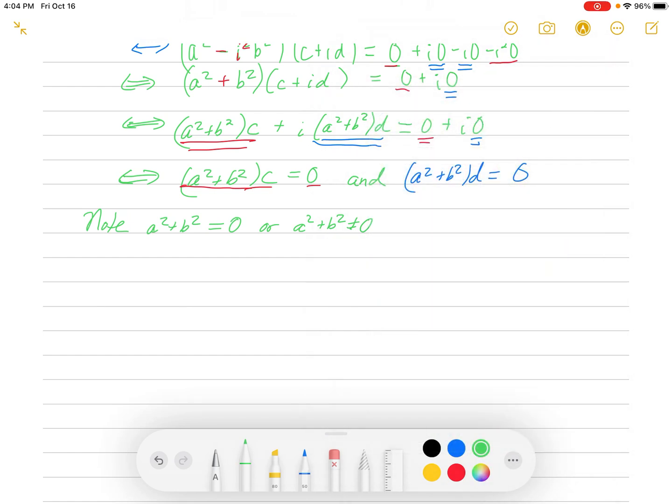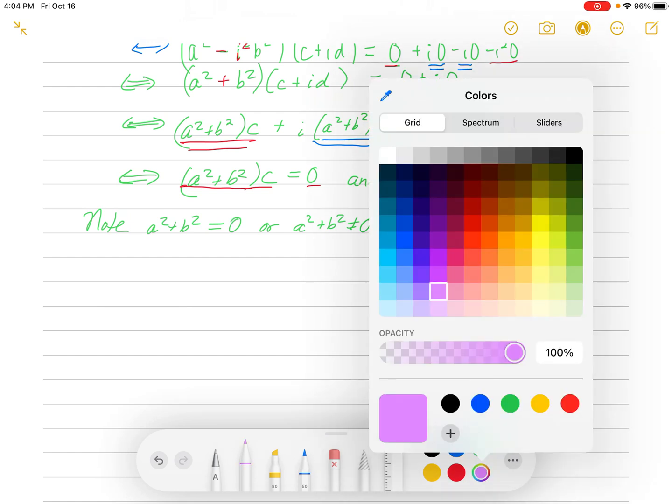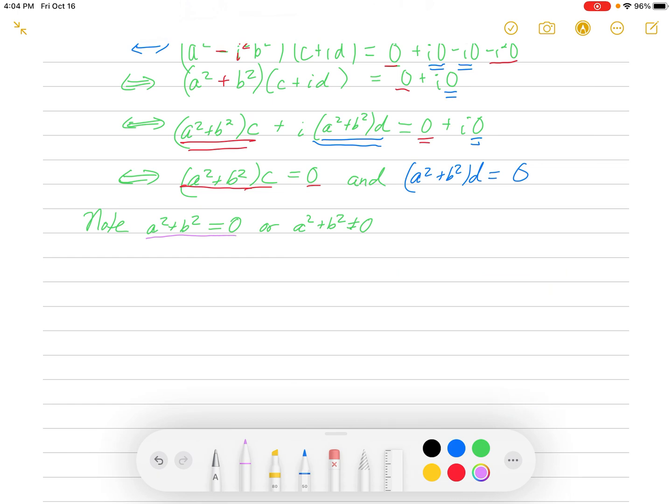So case 1. Let's pretend it is 0. That's this case right here. Suppose a squared plus b squared is equal to 0. We're not going to go through the proof of why a and b will be 0, but I'm just going to state it. Then that forces a to be 0 and b to be 0. a and b must both be 0.